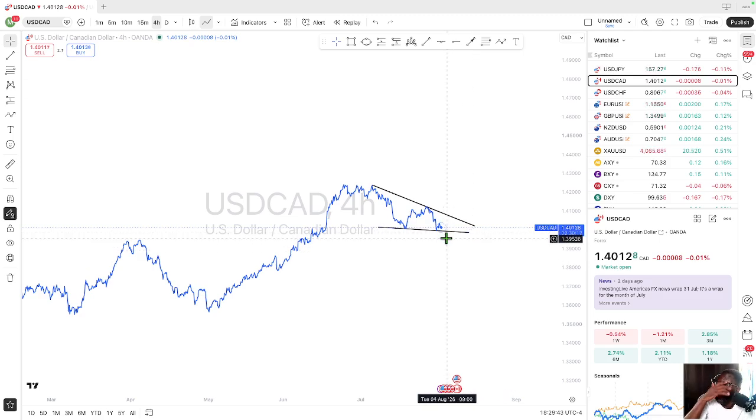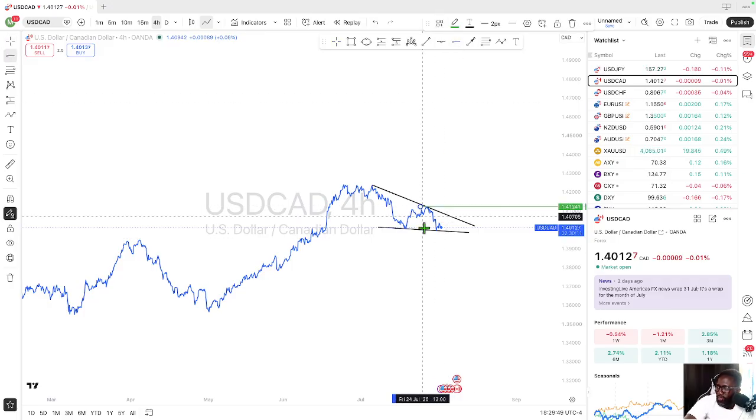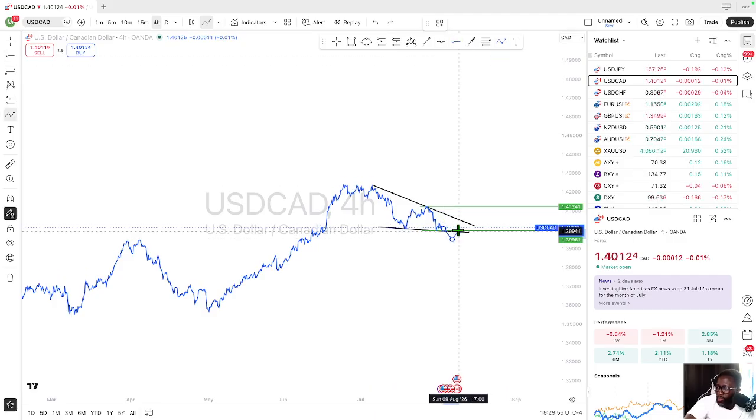So this is a triangle, right? So we're looking for a breakout. All right. So we have prices trapped. So we might be looking for this. If the dollar pushes down, we'll see this. If the dollar pushes up, then you have to wait for it to break into this buy zone, and then get in once you see this break, right?